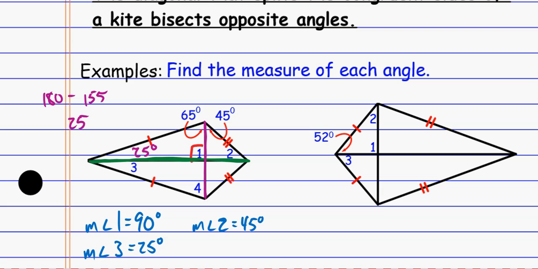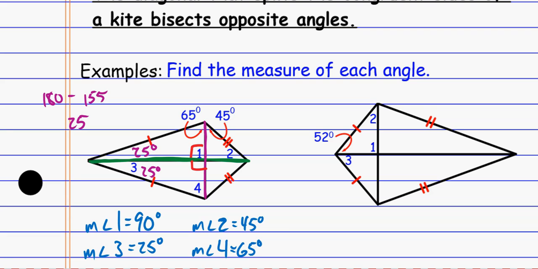If I look at this triangle down here, there's a 90-degree angle here and a 25-degree angle here, which means that missing angle is the same as in the triangle I just dealt with. Look, 25, 90, and the third one's 65. So the measure of angle 4 is 65 degrees.